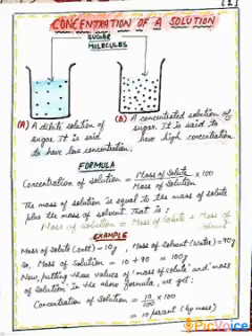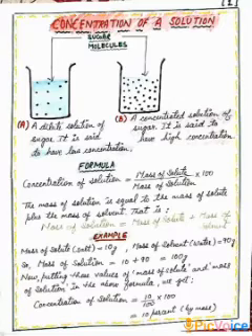Please note that the 100 grams of solution also include 10 grams of the common salt. This means that the 100 grams of common salt solution contain 100 minus 10, equal to 90 grams of water in it. Thus, we can prepare a 10% solution of common salt by dissolving 10 grams of common salt in 90 grams of water.